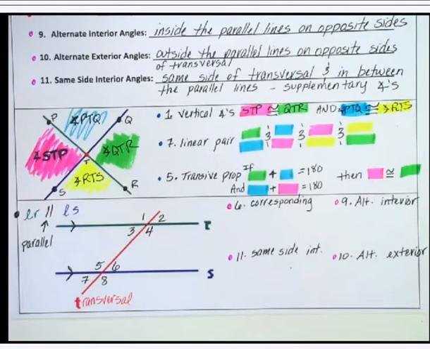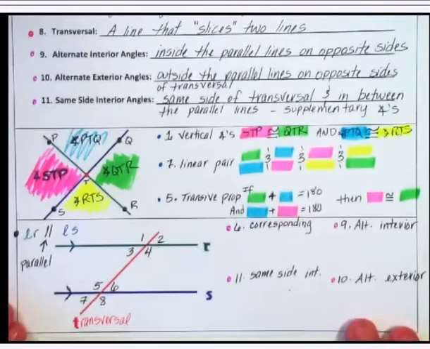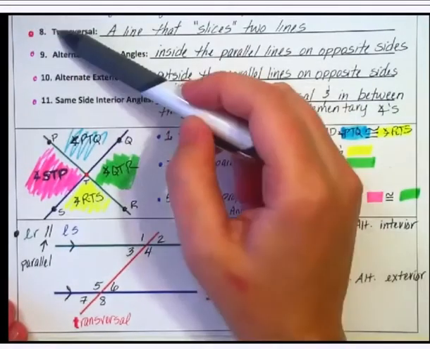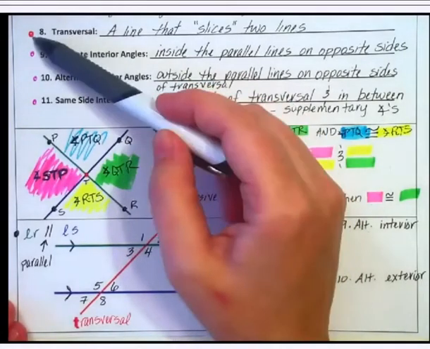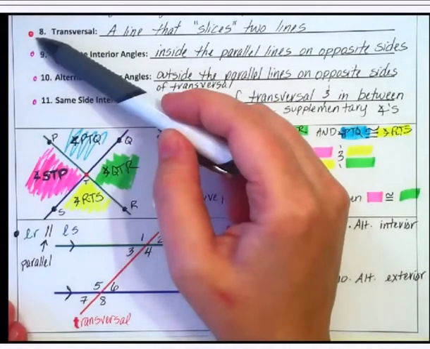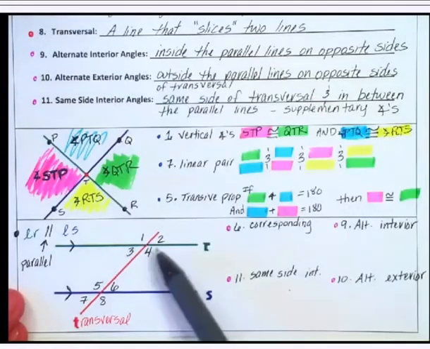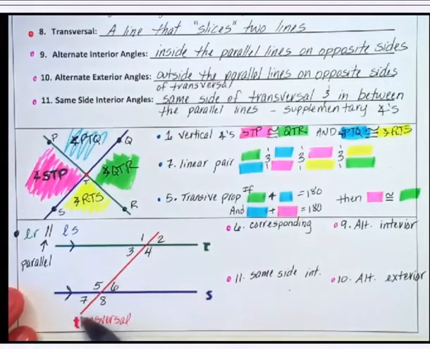In red up here, next to number 8, which is transversal, I put a red dot. And I put a red dot there because this red line, they call it line T, but line T is a transversal.